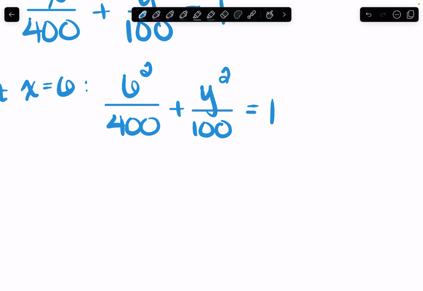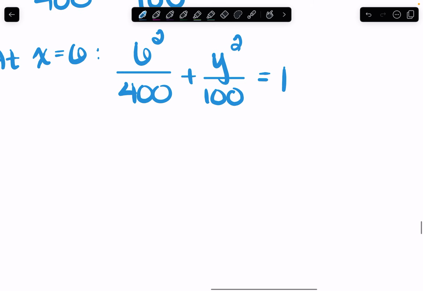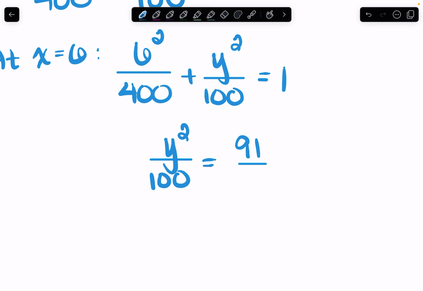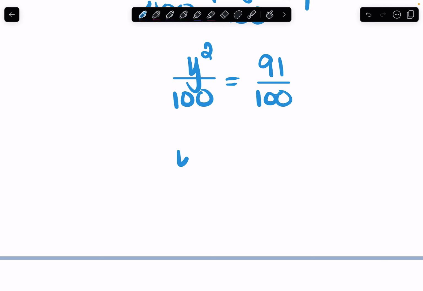So we get 36 divided by 400, and that is 9 over 100. We're going to move that to the other side. So we've got y squared over 100 equals 1 minus that 9 over 100, which is going to give us 91 over 100. Clear the 100 by multiplying both sides by 100. So y squared is going to be 91.